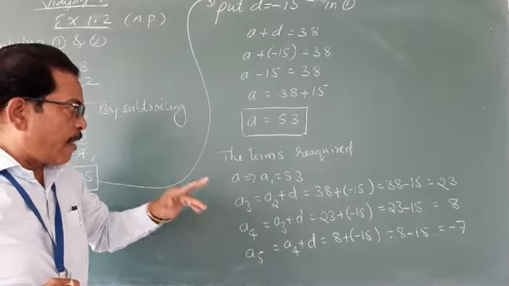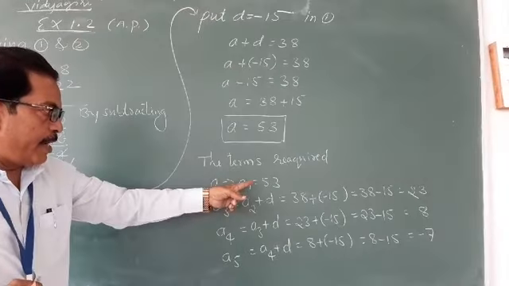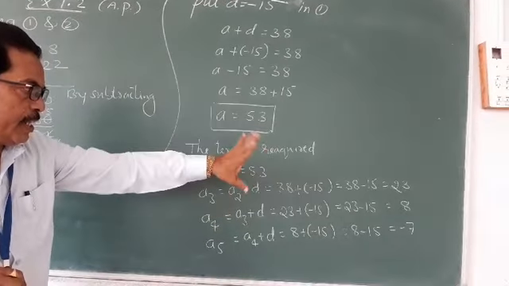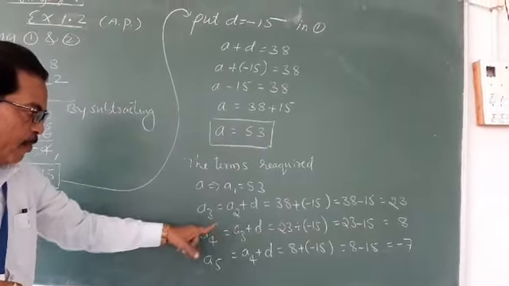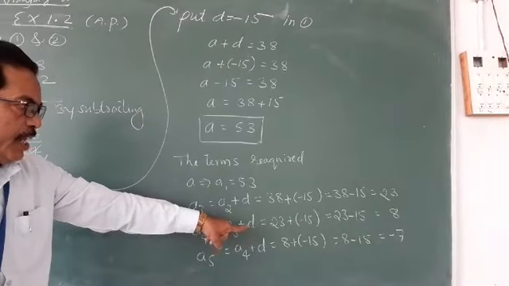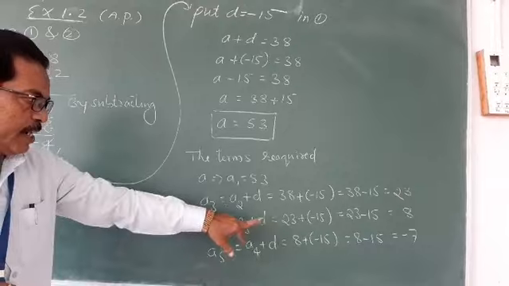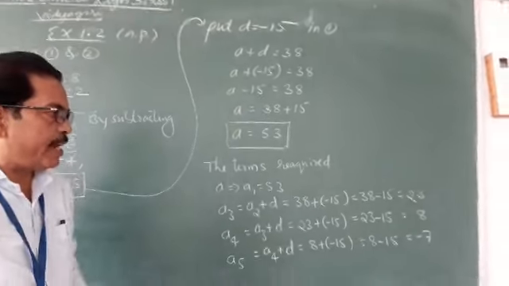Then the terms required: A1 equals 53, A3 is A2 plus d, that is 23, A4 is A3 plus d, that is 8, then A5 is A4 plus d, that is 8 minus 15, that is minus 7.